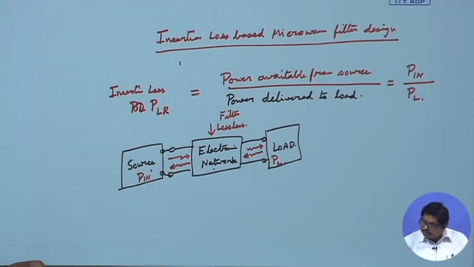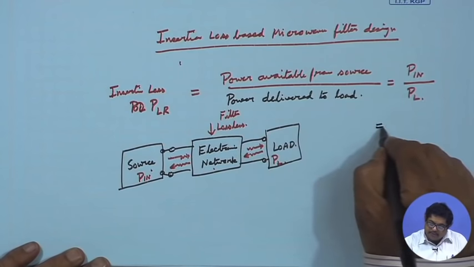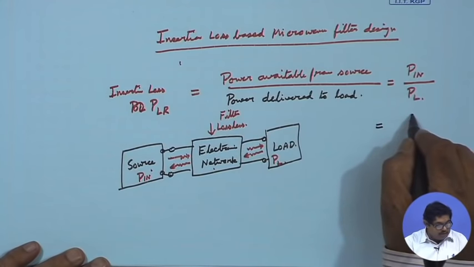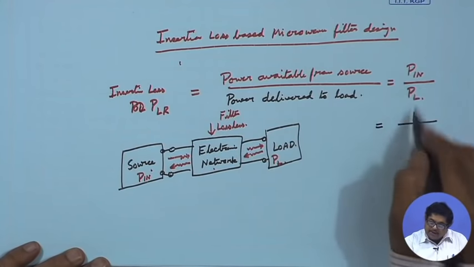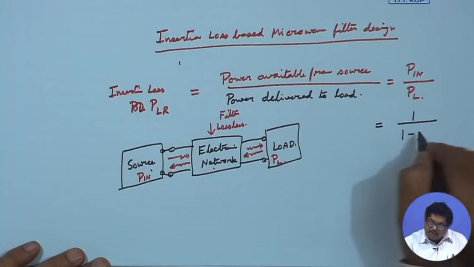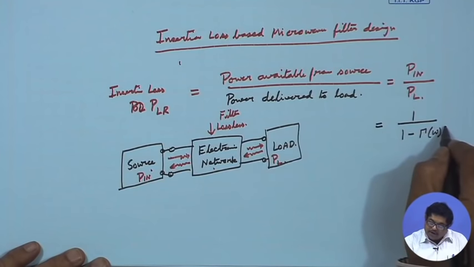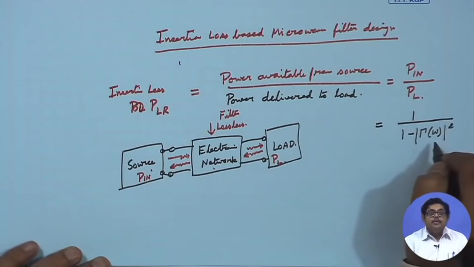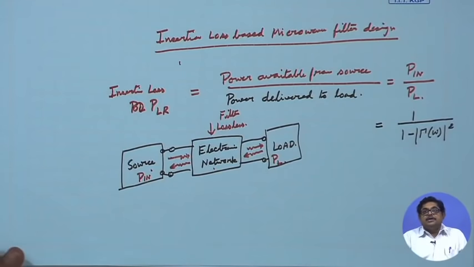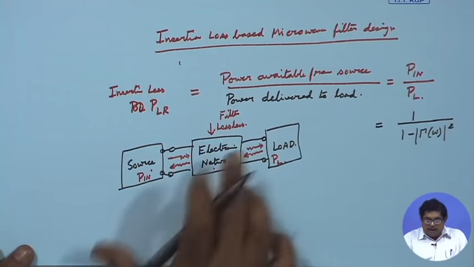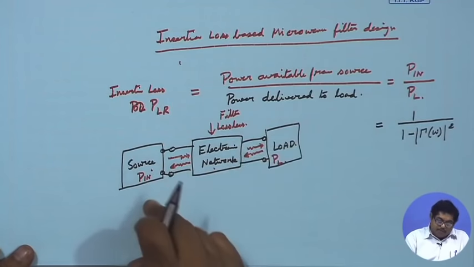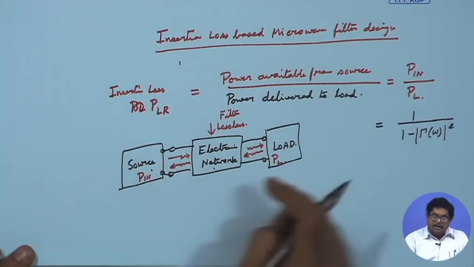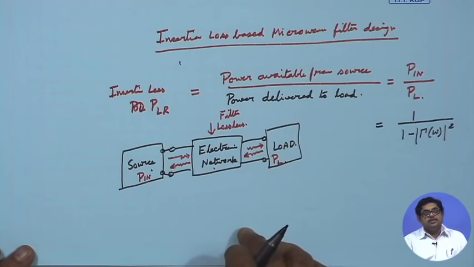So, the overall reflection coefficient. So, can I say that this is equal to 1 minus gamma squared, which is a function of omega. This gamma is the reflection coefficient, overall reflection coefficient, which comprises reflection here, reflection coefficient here and reflection coefficient here.